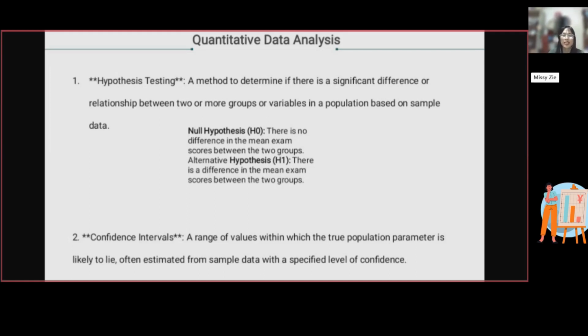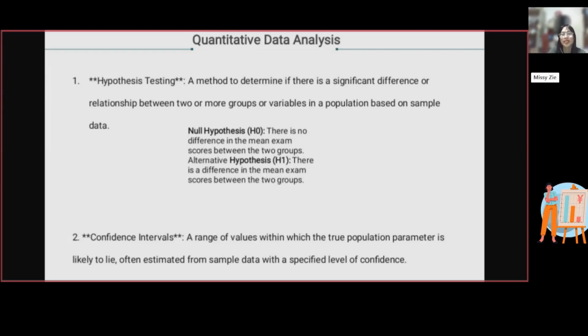Now, the second one is the confidence intervals. So what is confidence intervals? It's a range of values within which the true population parameter is likely to lie. It's often estimated from sample data with a specific level of confidence.